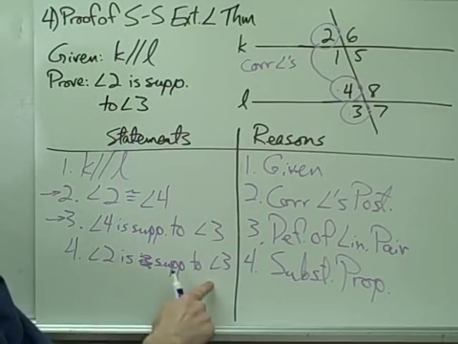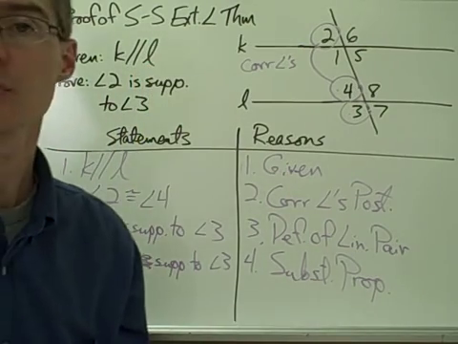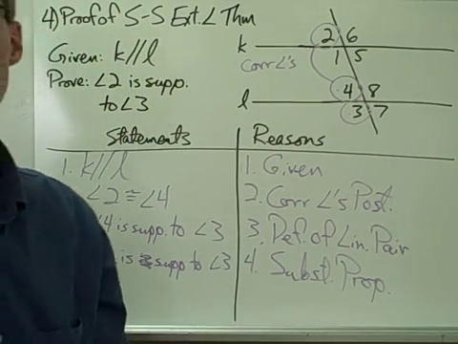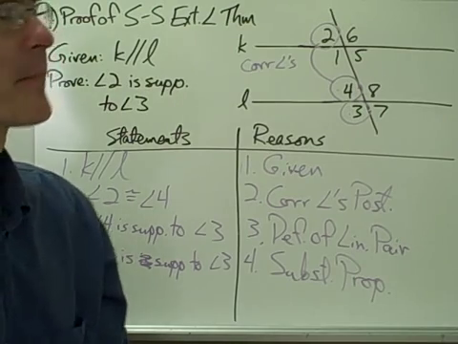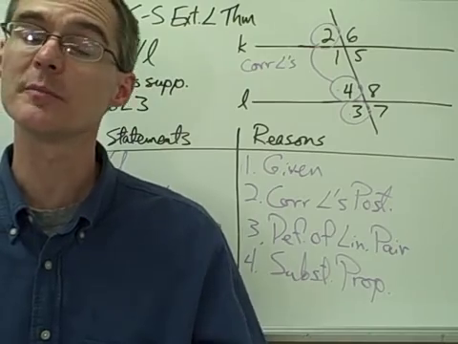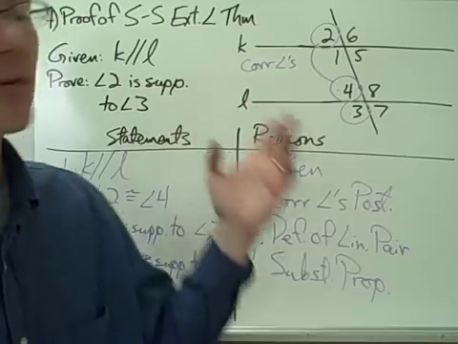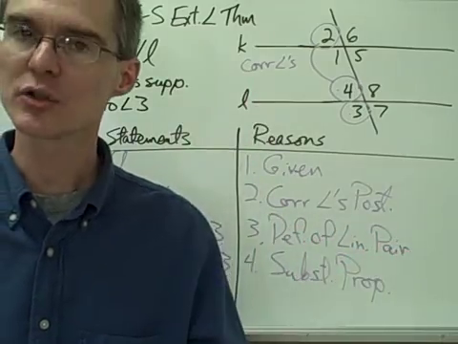And angle 2 is supplementary to angle 3 is what I was attempting to prove, and I have just proven the same side exterior angles theorem. Now, it's very handy to have these theorems proved, because once we have proven these theorems, we can now use each one of these 4 theorems in additional proofs.